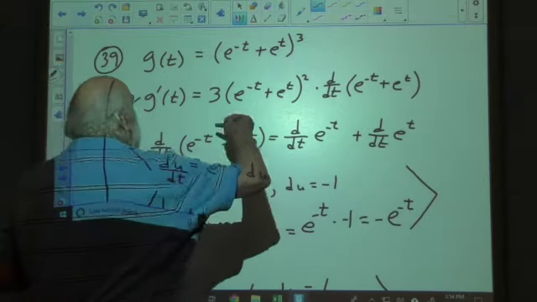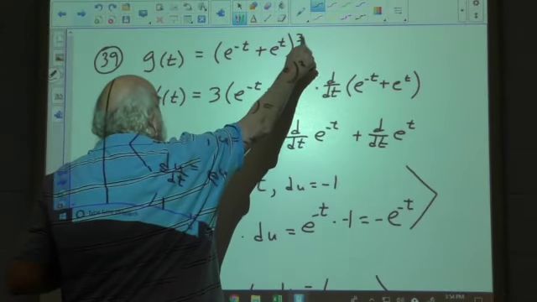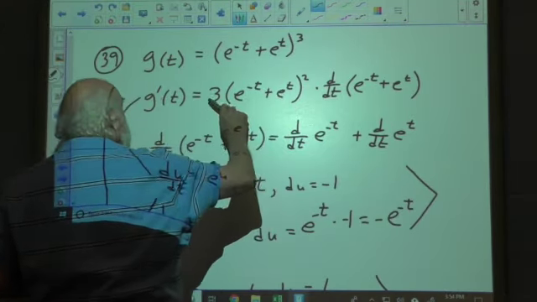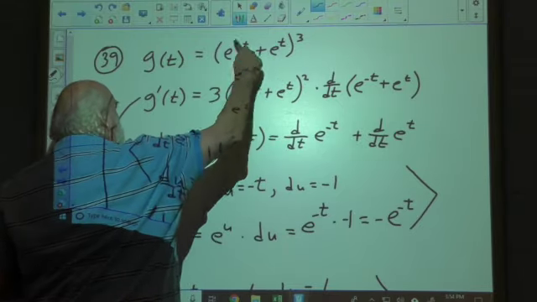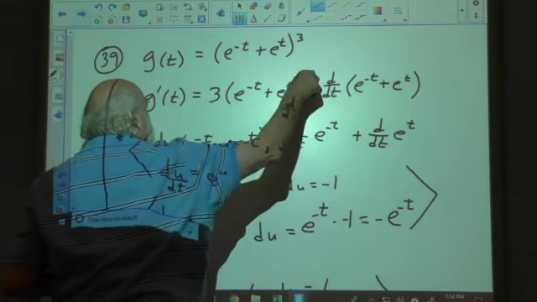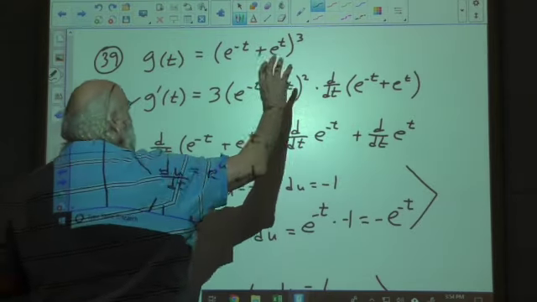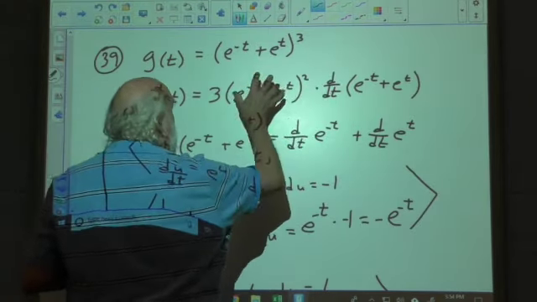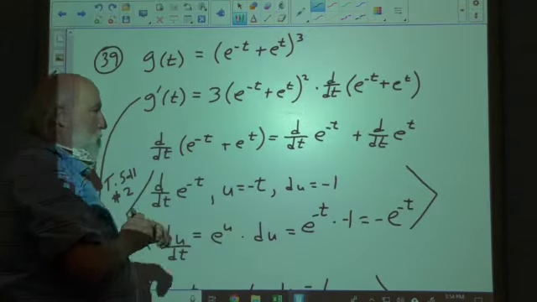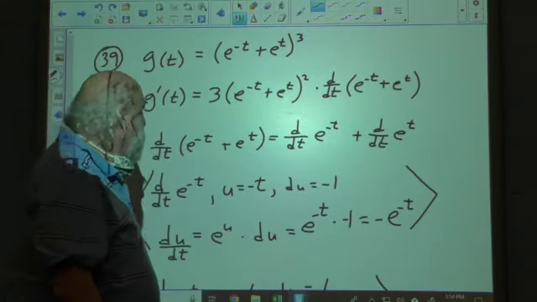When you take the derivative of something to the 3rd power, the 3 comes down, we subtract 1 from that to get 2, and we leave the inside alone, times the derivative of what's inside the parentheses, which is what this is right here.